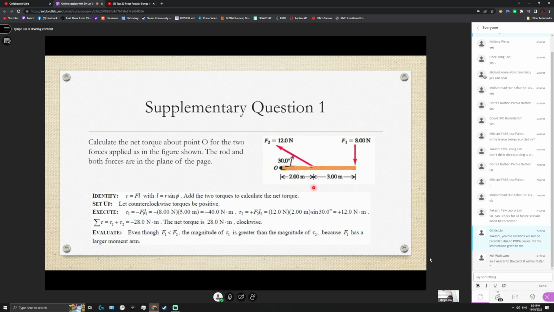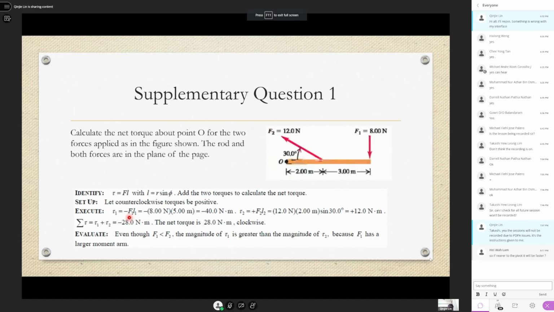So for F1, what is the torque? Tau1, the torque due to F1, will be minus F1 L1, because remember, when it's causing a clockwise movement, it will be negative. So you take minus 8 times 5, the whole thing.